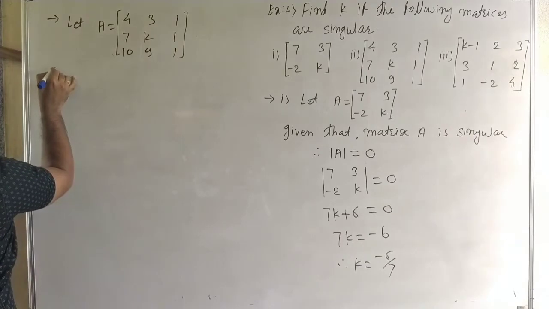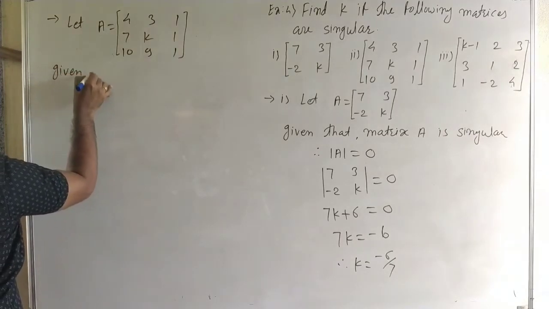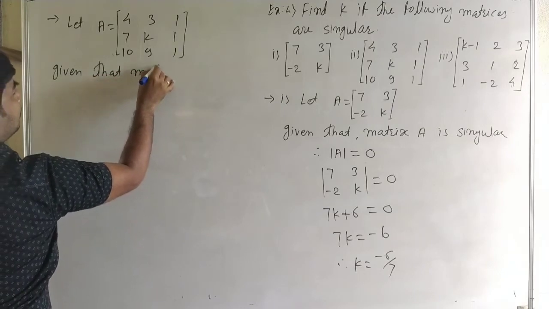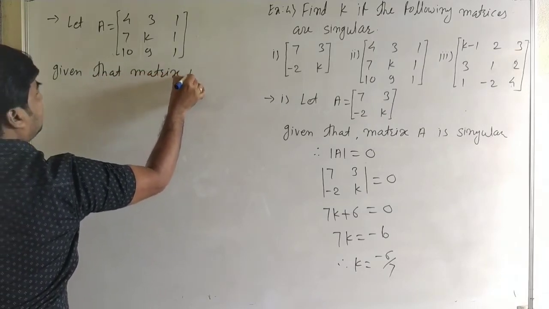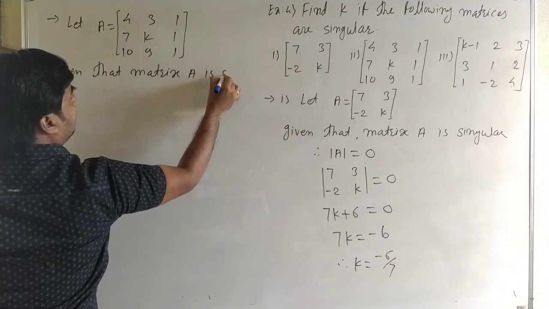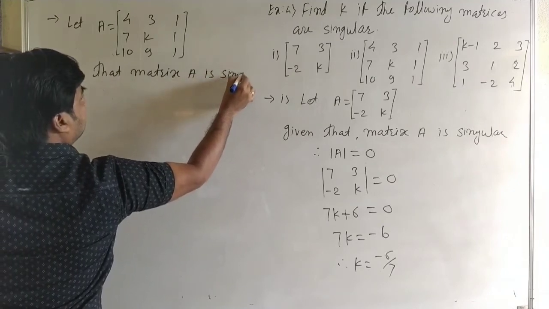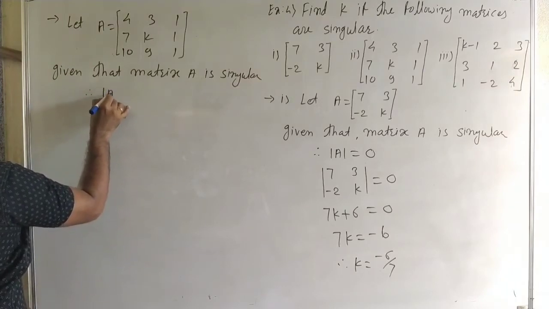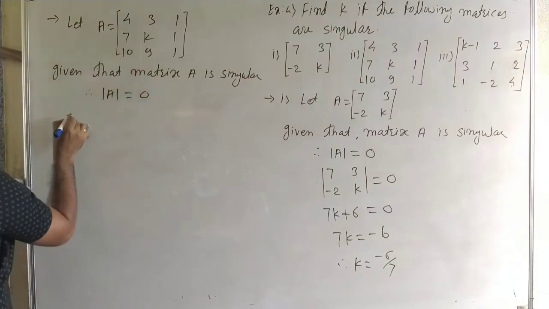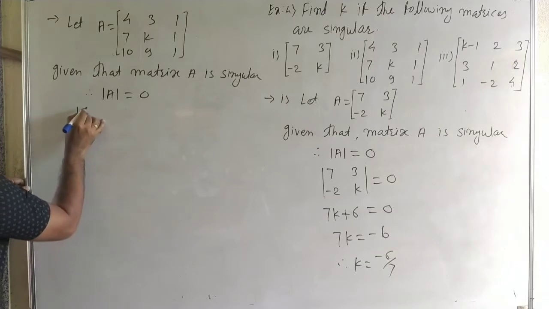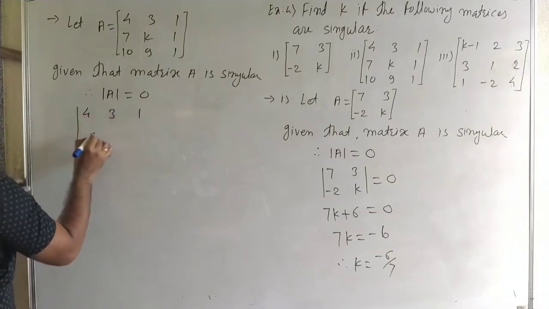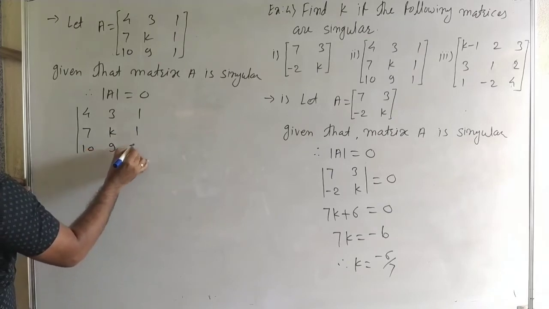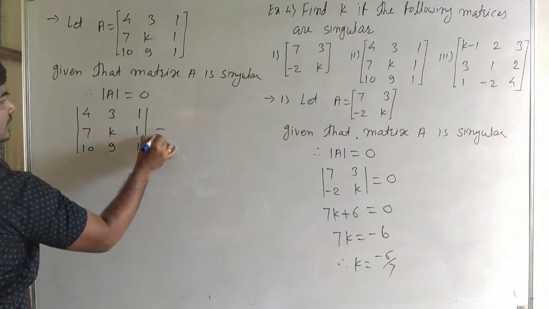Again, given that matrix A is singular, therefore the determinant of A is equal to 0. The determinant of 4, 3, 1; 7, k, 1; 10, 9, 1 is equal to 0.